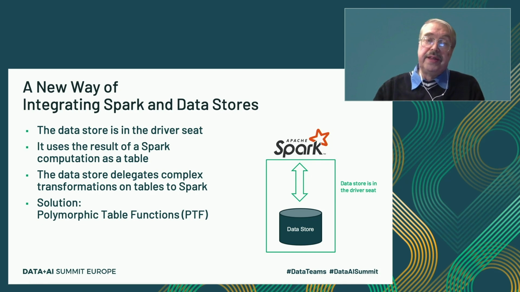And therefore, there is a need for having integration between Spark and the data store with the initiative coming from the data store. And the solution for that are the polymorphic table functions.